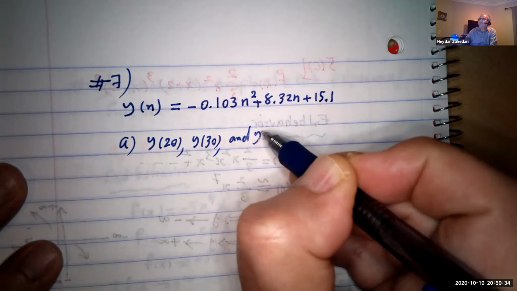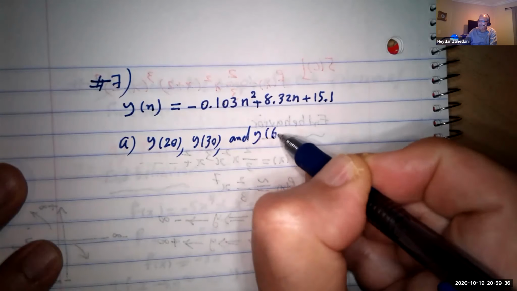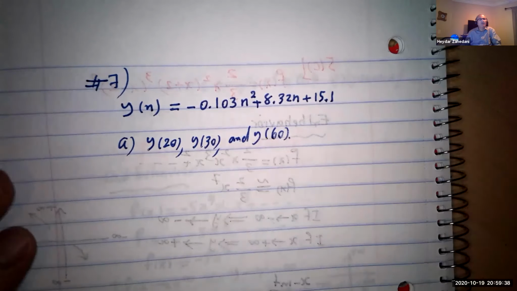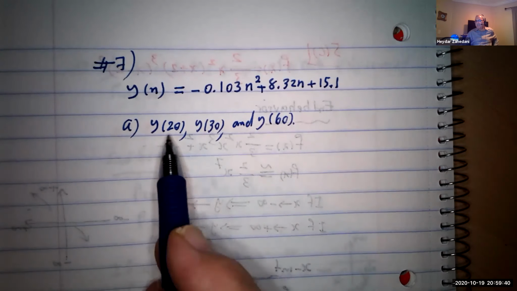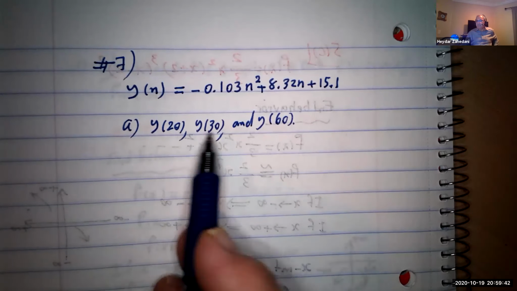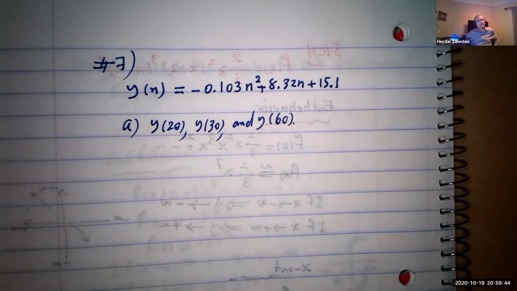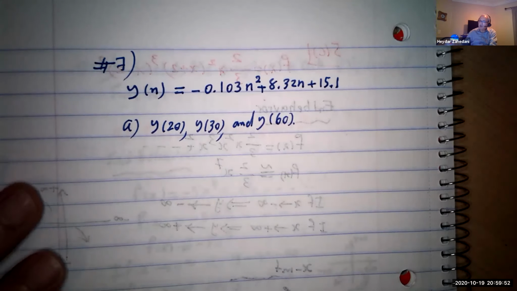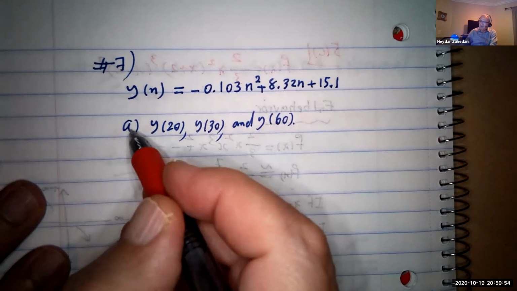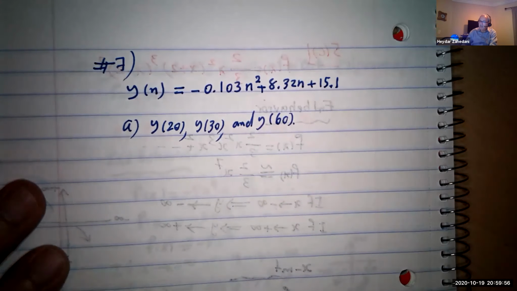These are the different numbers that you are going to have results for, if you grow 20,000 plants, 30,000 plants, and 60,000 plants. I'll give you the numbers at the end, but I'm not going to do part one. The part we are interested in is part B and C of this problem.